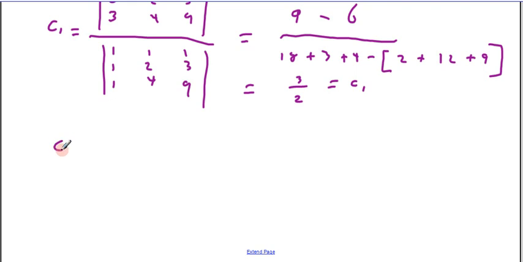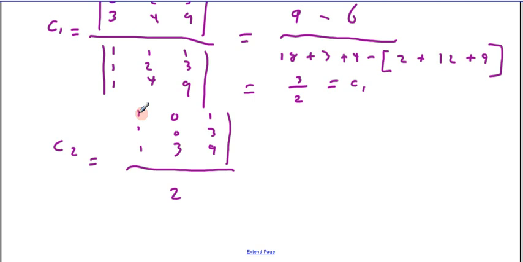And now I'm going to look for C2. I know on the bottom I have 2, so I'm going to keep it, and on top 1 1 1, 0 0 3, 1 3 9. And I'm going to have 3 minus 9 divided by 2, also known as minus 3.